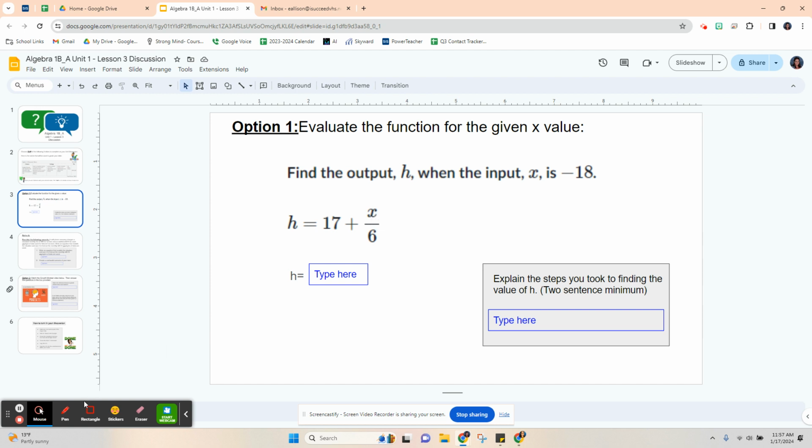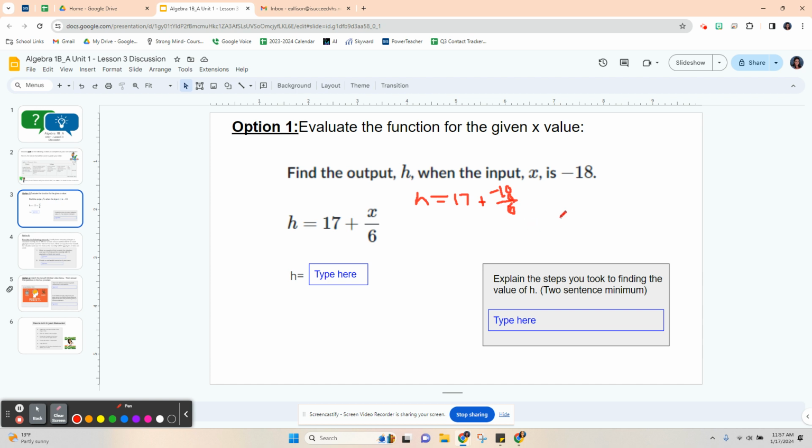Well, if I was to do that, I would have h equals 17 plus negative 18 over 6.